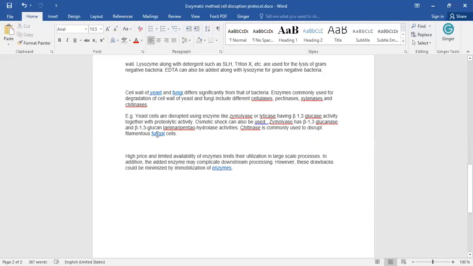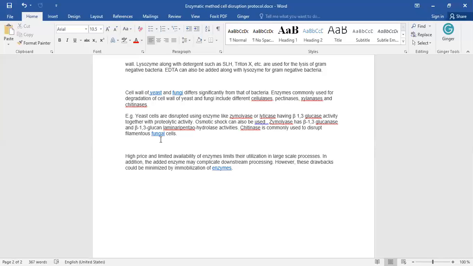Examples include yeast cells, which are disrupted using enzymes like zymolase or lyticase. What do zymolase and lyticase do? They cleave beta-1,3 glucan, and they have some proteolytic activity, which results in the disruption of the yeast cell wall.